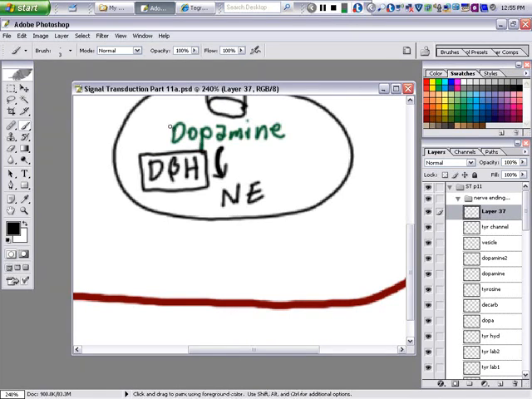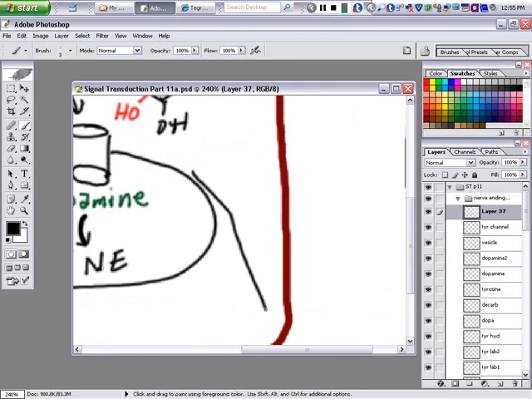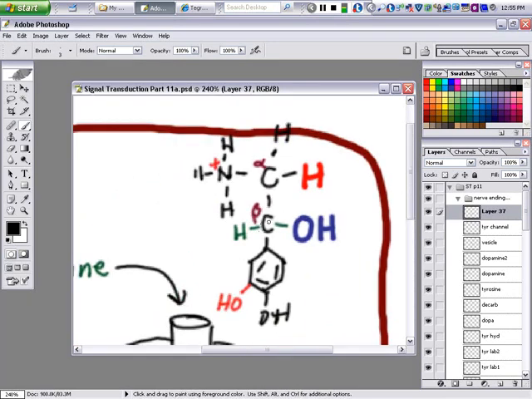Let's go back here. To convert dopamine into norepinephrine, we added a hydroxyl onto the beta carbon. And so the enzyme that does that is dopamine beta hydroxylase, to differentiate it from dopamine alpha hydroxylase.